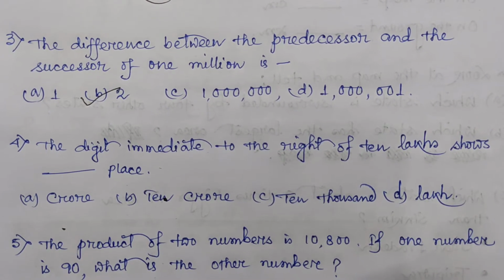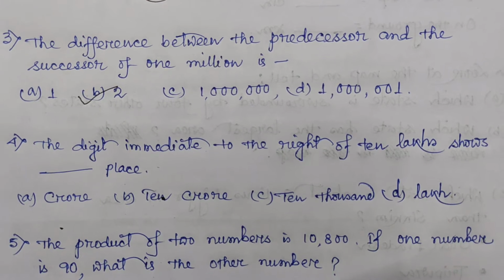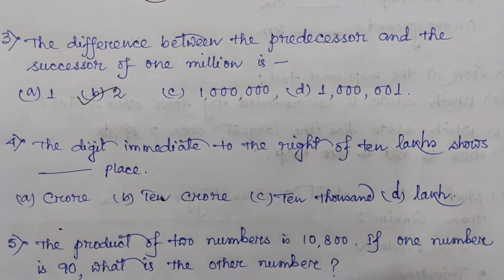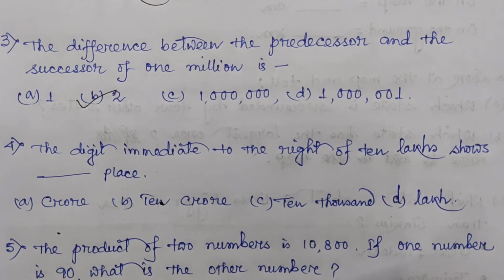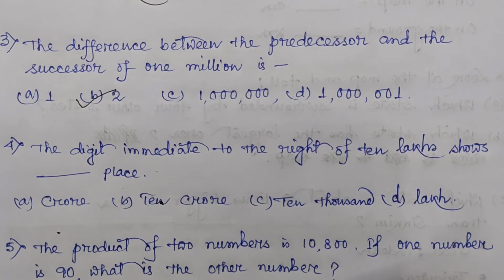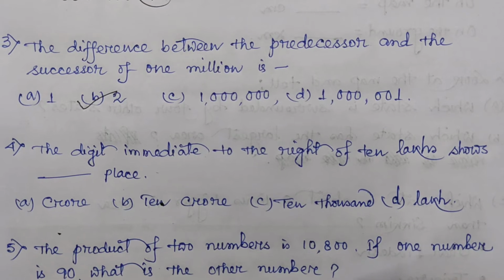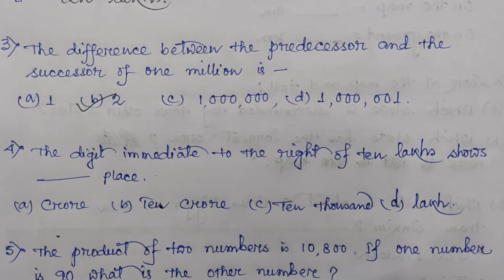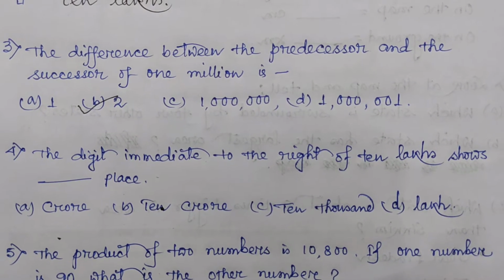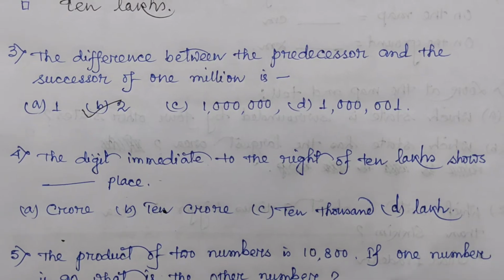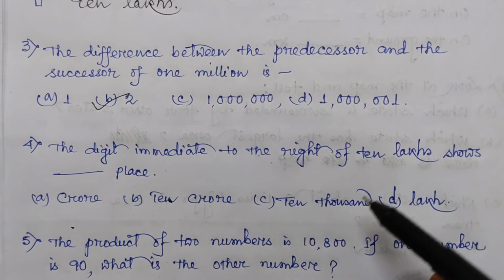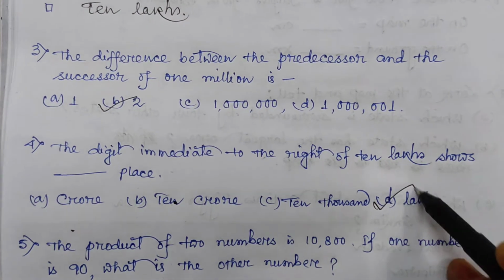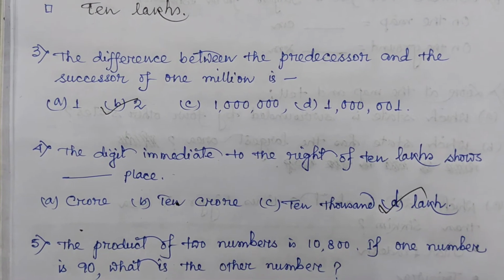So the digit immediate to the right of 10 lakhs. Everyone just remind the table. You can see there, just right to the 10 lakhs is lakhs. So option D is correct.